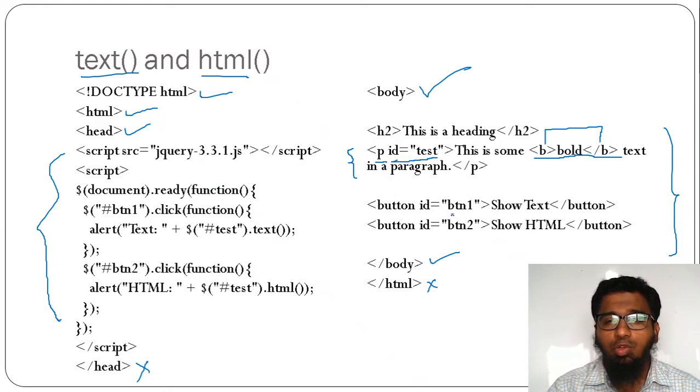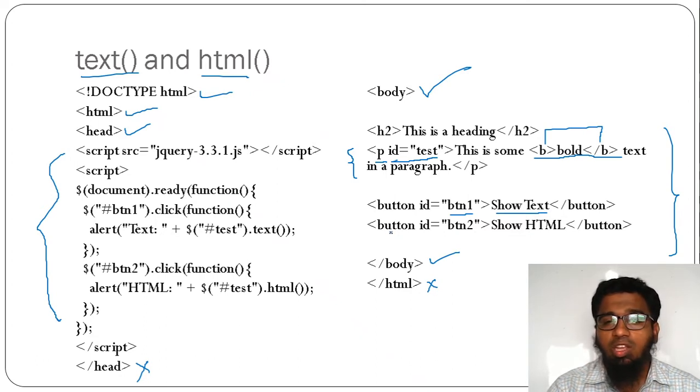Button ID equals btn1, Show Text, means whatever the text is here will be displayed in the alert box. How will it be displayed? This is some bold text; the tags will not come. The B tag should not come in the show text, I want only the text.